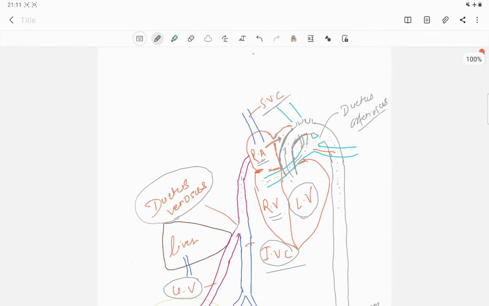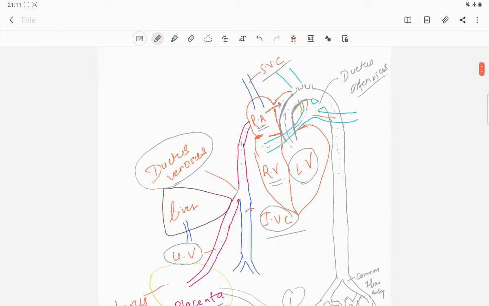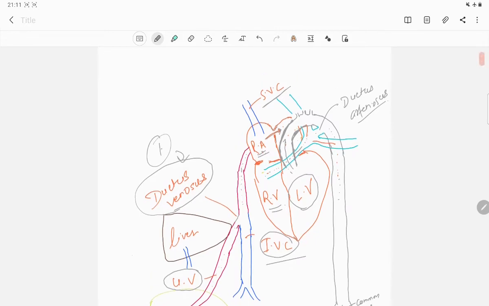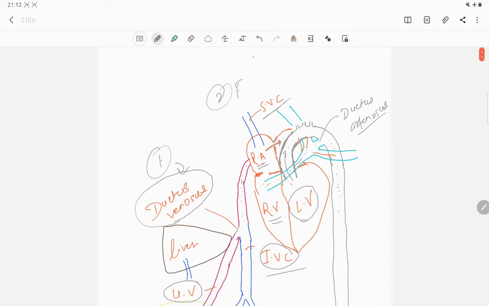So what we need to remember for fetal circulation is that there are three shunts that are peculiar to fetal circulation. One is ductus venosus. Two is foramen ovale, this little opening between the right atrium and left atrium. And third is ductus arteriosus, the shunt between the pulmonary trunk and aorta.